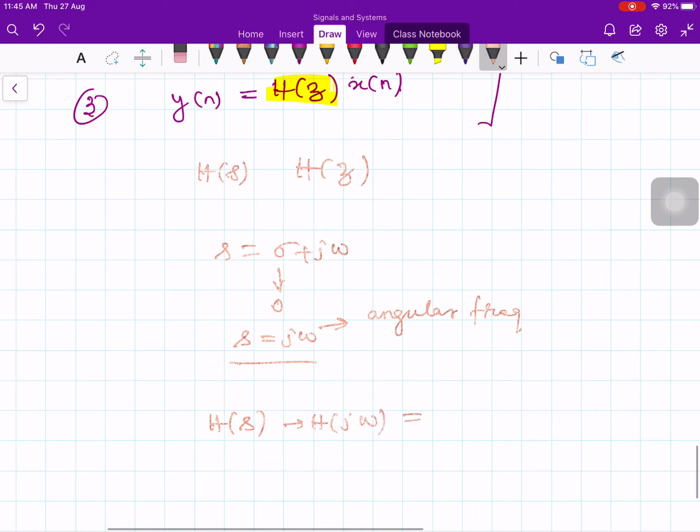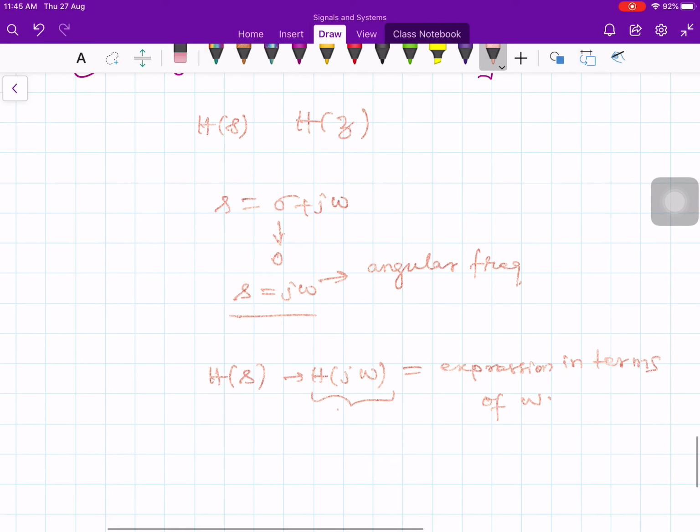That means you got some expression in terms of, or function of, omega. Therefore, instead of calling it system function, it is more appropriate to call it the frequency response of the system. I mean, you vary the frequency and see how the response of the system changes. That's what we mean by frequency response.